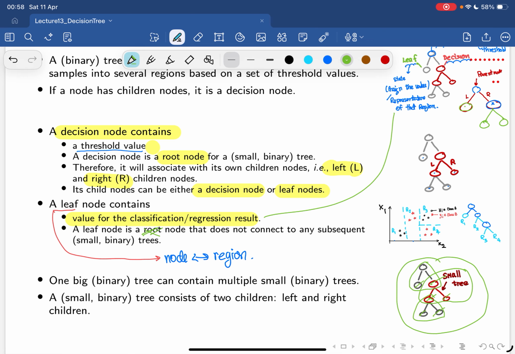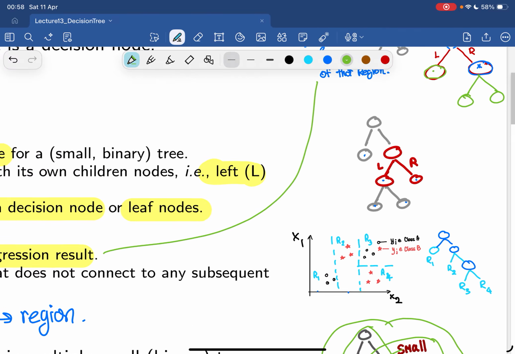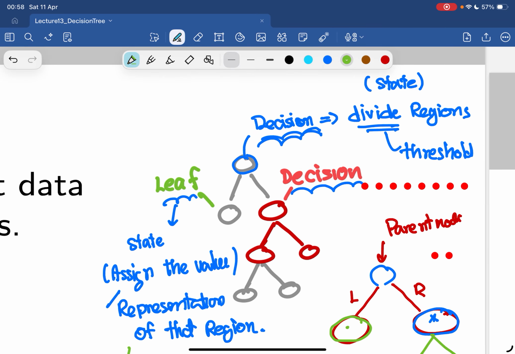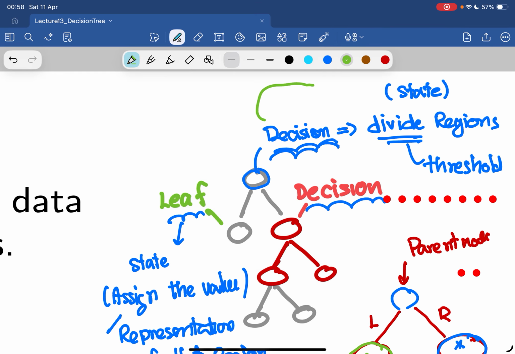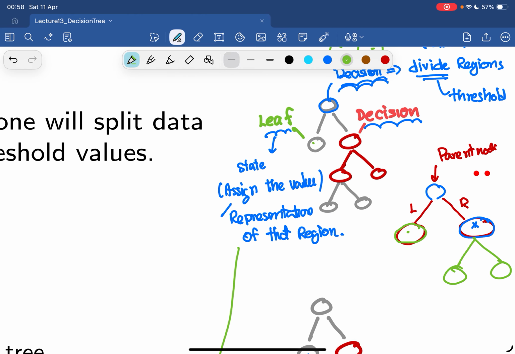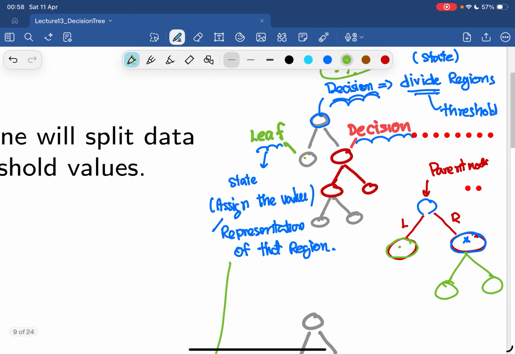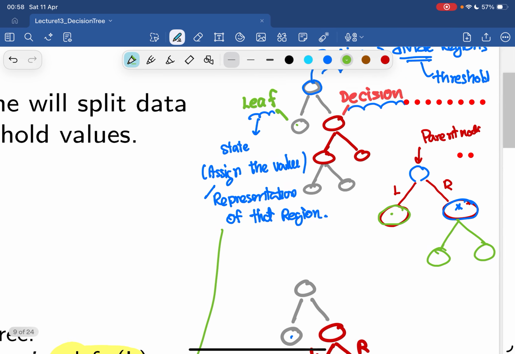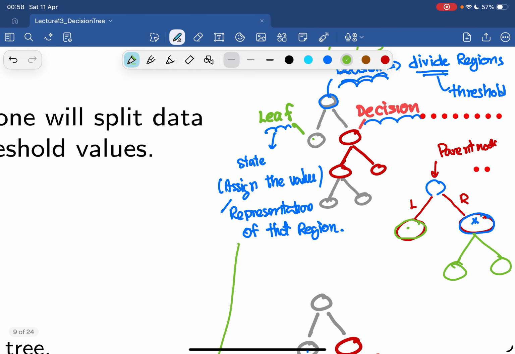And actually, one thing that you should notice: when we say we have bunches of data that we want to divide, in fact, if we think about those data samples that are left at the leaf, that means the leaf is representing the operation that will be done on a set of data, or that particular region.